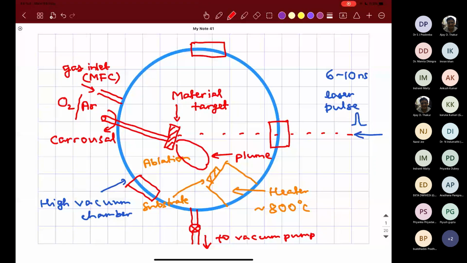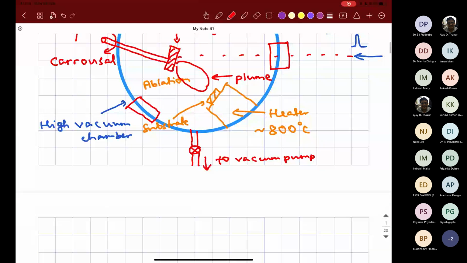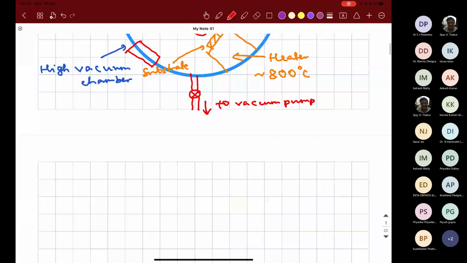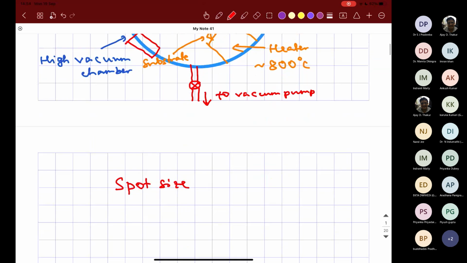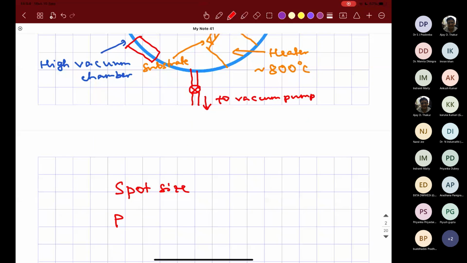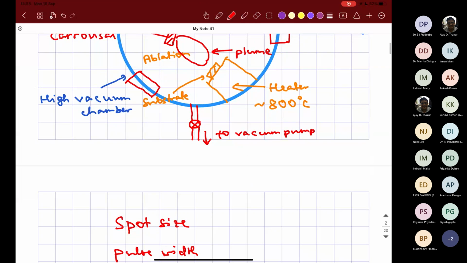So there are a few more small points. There is something known as the spot size, which we already talked of. Then pulse width, and then there is energy density.